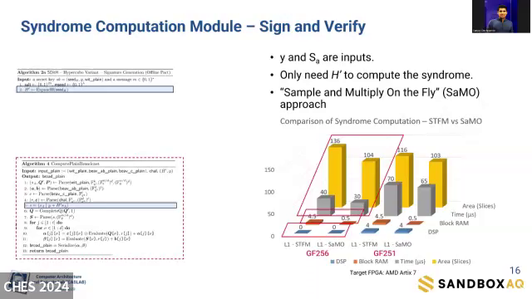When it comes to the time taken for the computation of the overall syndrome, between the GF256 and the GF251 designs, the GF251 designs are slower because there is an additional cycle cost for prime field reduction. And for performing dot products inside the matrix vector multiplication operation in the GF251 design, we use DSPs that are available on the FPGA.